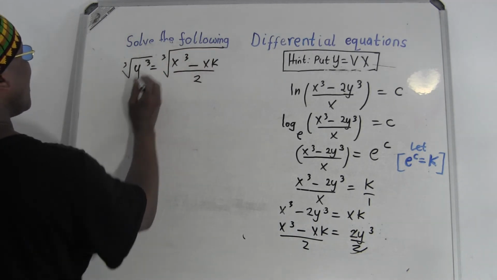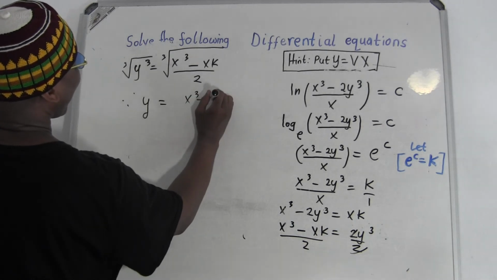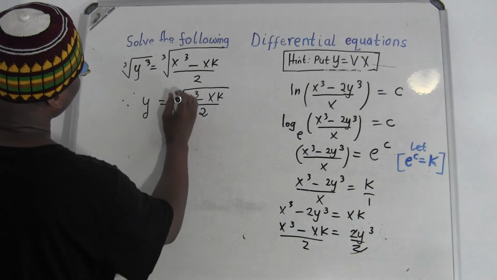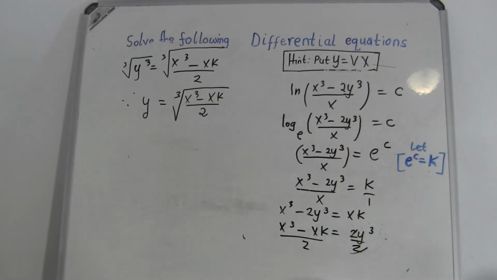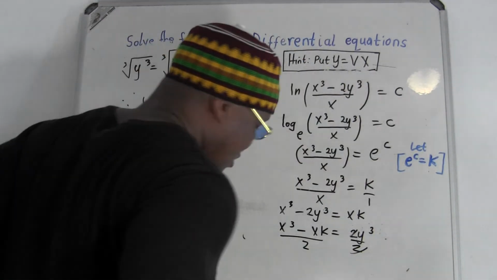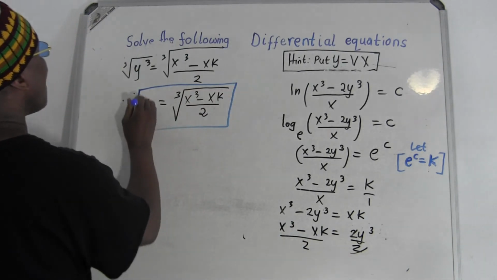Don't forget to put your cube root here. So finally y equals the cube root of x cubed minus xk over 2. See what I'm saying? Put your cube root. So for that being said, this must be the final answer, and you must get it correct.